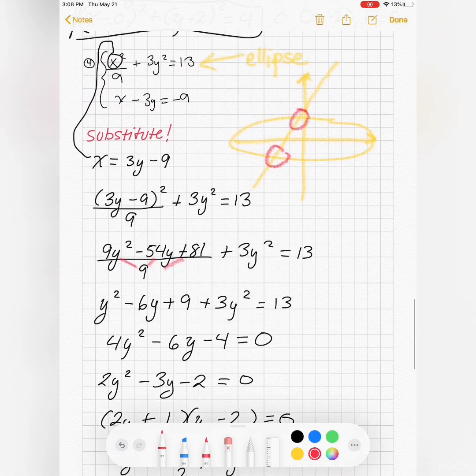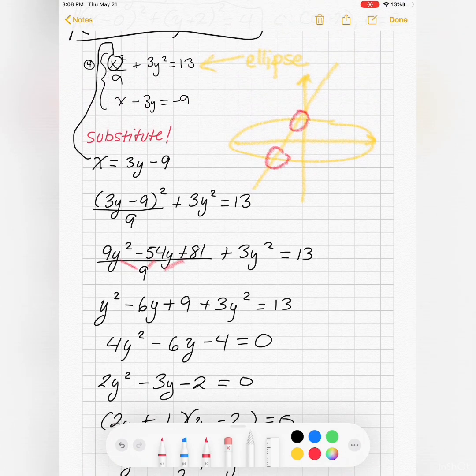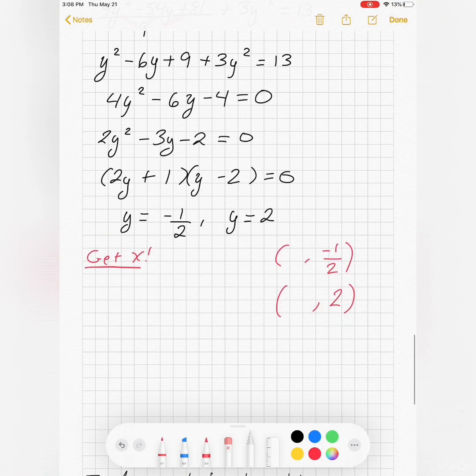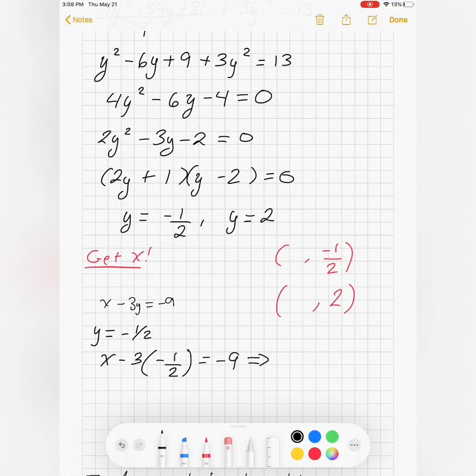Okay, so if I pick one of these equations, that one say, let's see, so if I use the y equals -1/2, x plus 3/2, -9. So subtract, so -18/2 minus 3/2, that's -21/2.